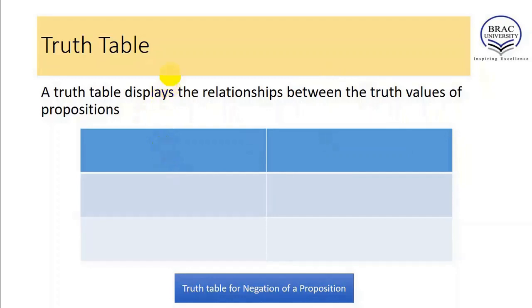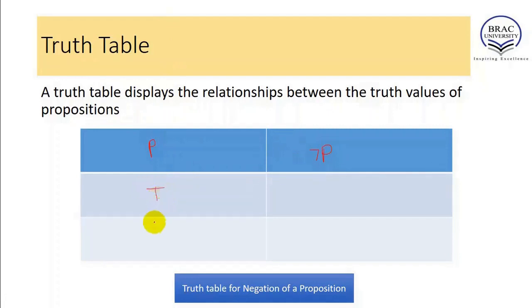So we are trying to find out the relationship between P and not P. So how many possible truth values are there for P?